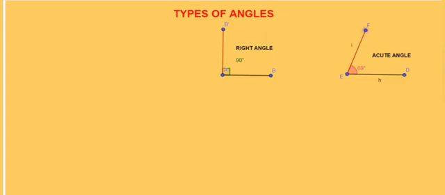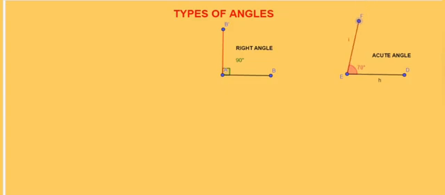You can make so many acute angles. Here 90 degree is this, then less than 90 degree, that is an acute angle. So look at here, angles less than 90 degree and greater than 0 degree are called acute angles.